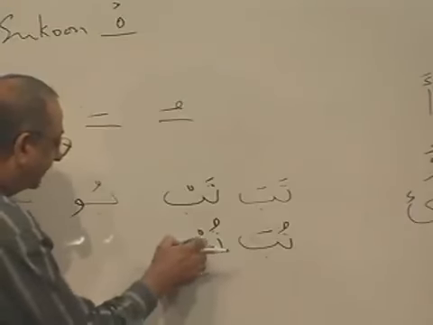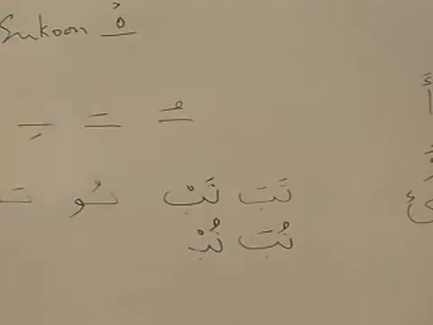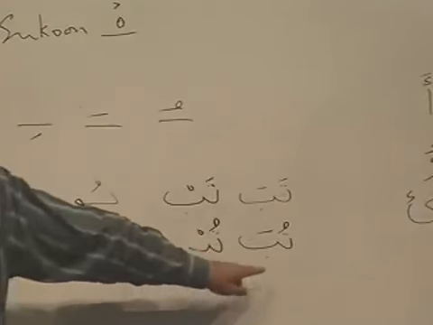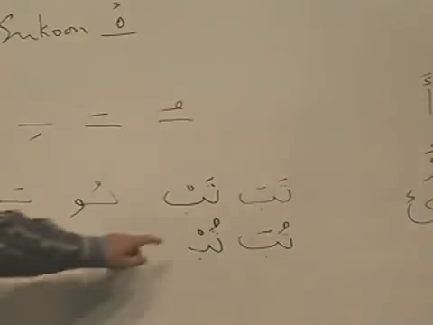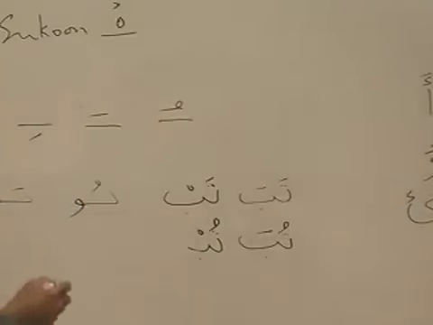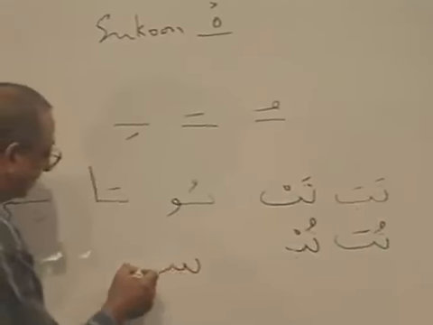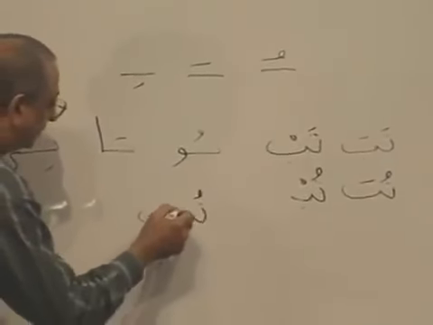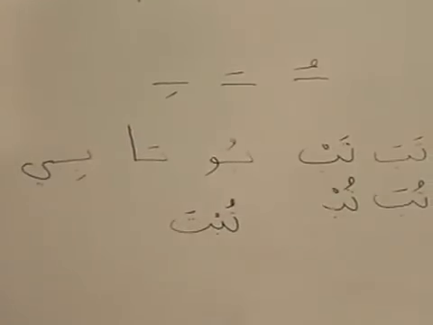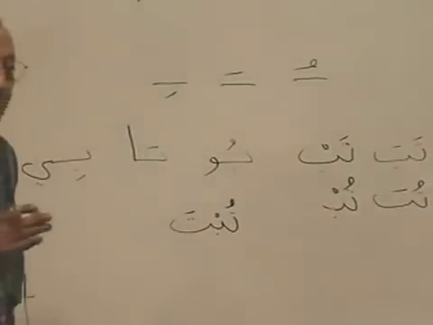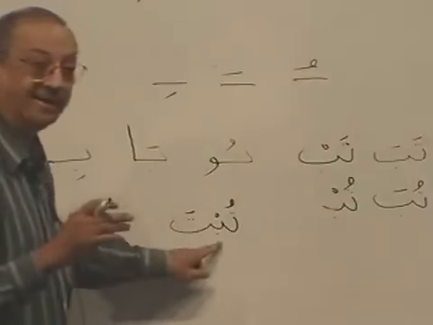what is it now, brothers and sisters? Tub. Here it was tuba, and here it is tub. So there is a sukoon on ba. If I write like this, brother, tubta. So we did not pronounce ba in its normal way.